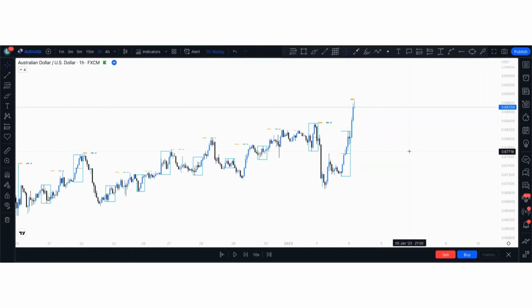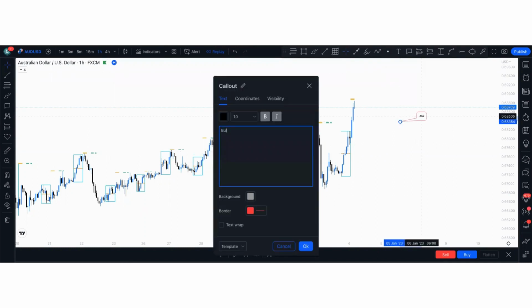So first of all, you need to understand the structure of market. What I mean by the structure of market is that you need to identify whether it's bullish or uptrend, or bearish downtrend.